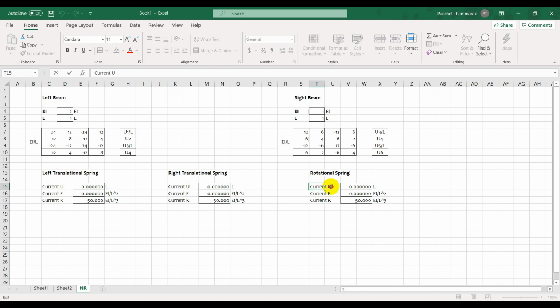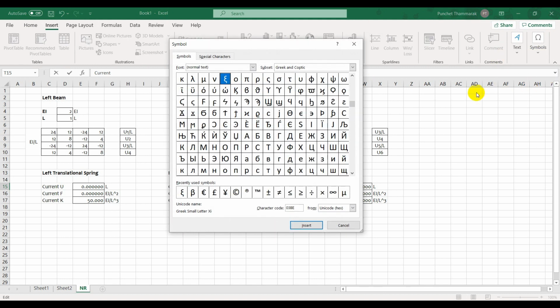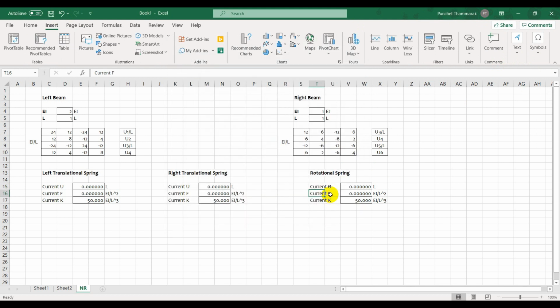Current theta, current moment, current spring stiffness: theta has no unit, moment has this unit, and stiffness has this unit.